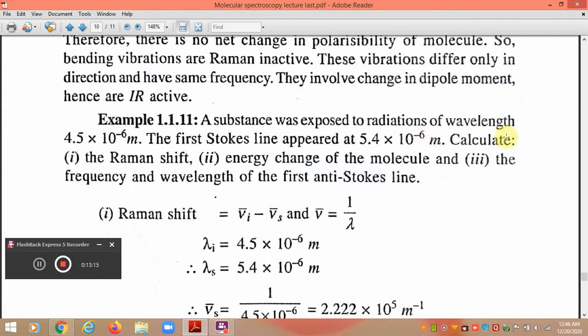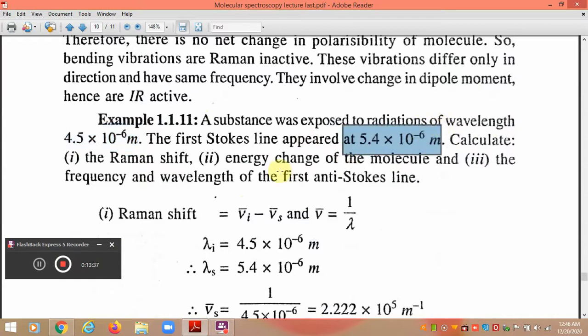A substance was exposed to radiation of wavelength 4.5 × 10^-6 m. The first Stokes line appeared at 5.4 × 10^-6 m. Calculate the Raman shift. This is the incident radiation, and the lines that appeared are the scattered radiation.